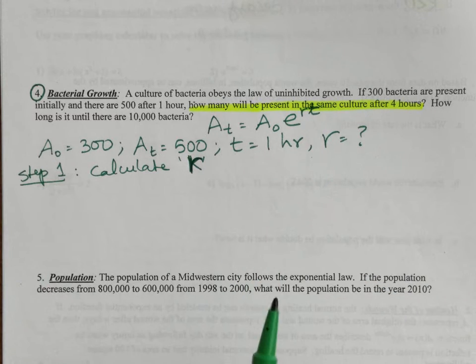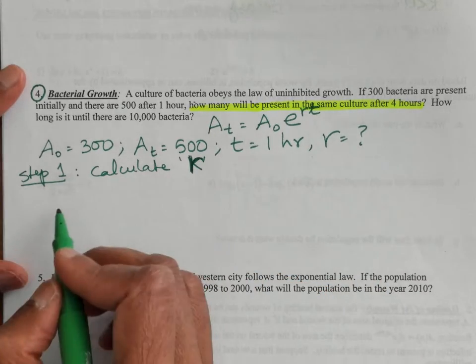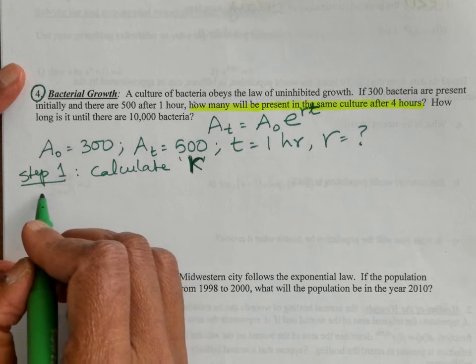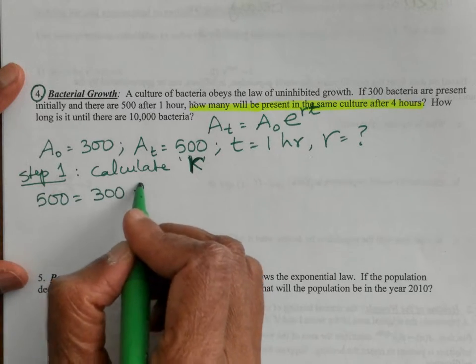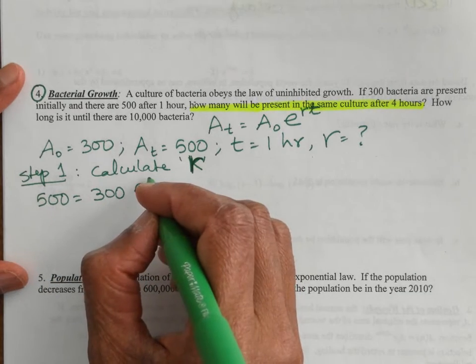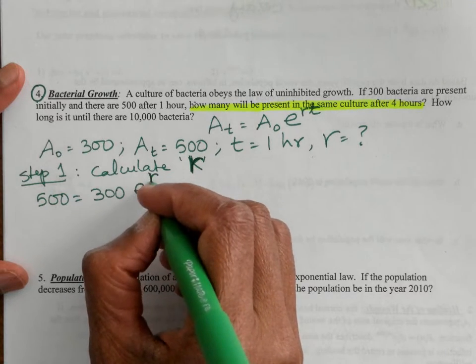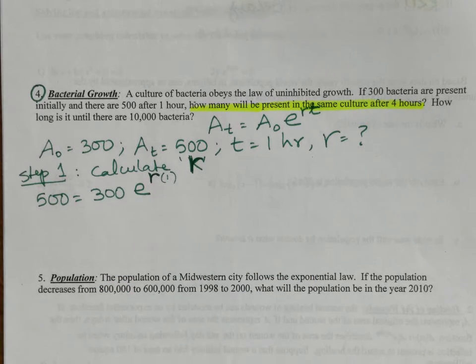So before we answer the question, let's all go ahead and solve for K or R. A(t) is 500, A0 is 300, e to the power of R times 1 is just R. This 1, I don't need to worry about it, so I don't need to write it. Okay, so now everybody okay with the statement?